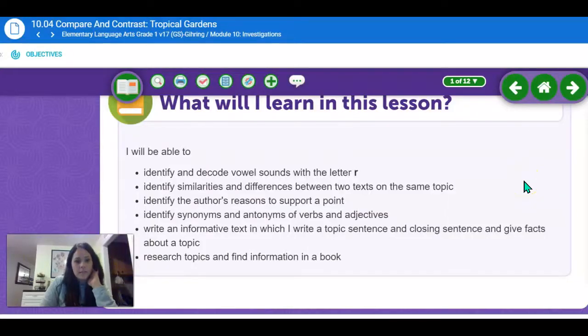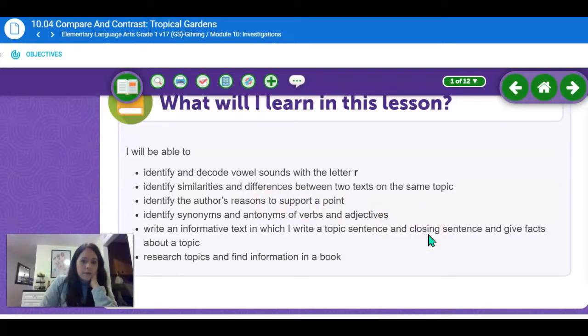Now, as we get started, let's think about what we're going to be learning about. We are going to be learning about vowels with the letter R, which some of you might know as the bossy R when a vowel is with an R. We're going to look at similarities and differences between two texts on the same topic.